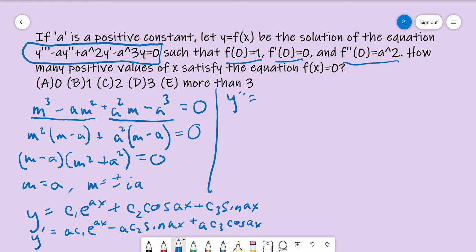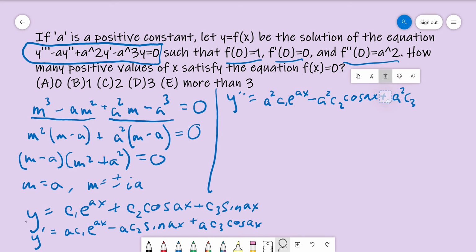That's going to be a squared c1 e to the ax minus a squared c2 cosine ax, and then minus a squared c3 sine ax.